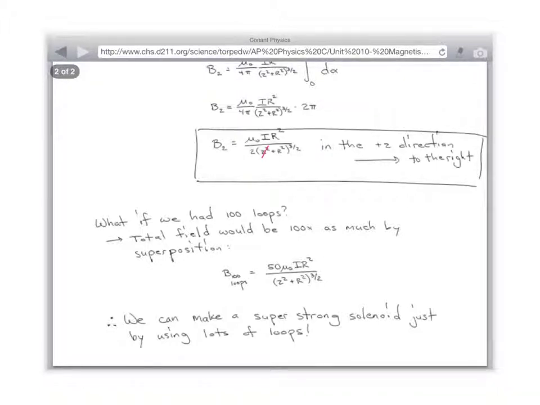So for the center of the loop, it would be mu naught I, R squared over R cubed, so that's over 2 capital R. Much, much simpler. And you're going to see a lot of problems that use this basic idea, mu naught I over 2R. All right, and that's it.